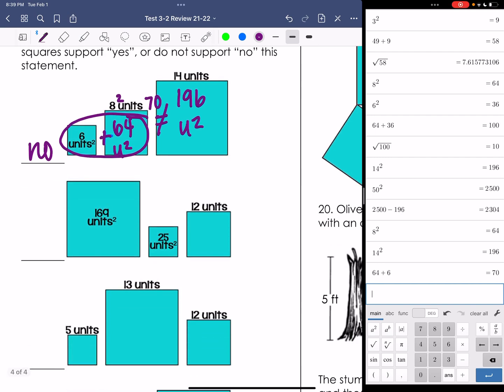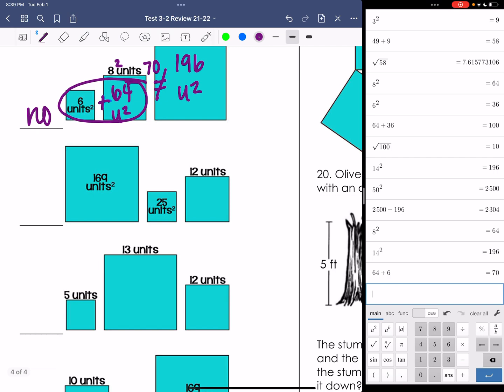Looking at the next example, we have 169 units squared, 25 units squared, and then we have 12 units. So it's already given the area of these 2 squares. I just need to find the area of this last square. So I'm going to square 12. And 12 squared is 144 units squared.